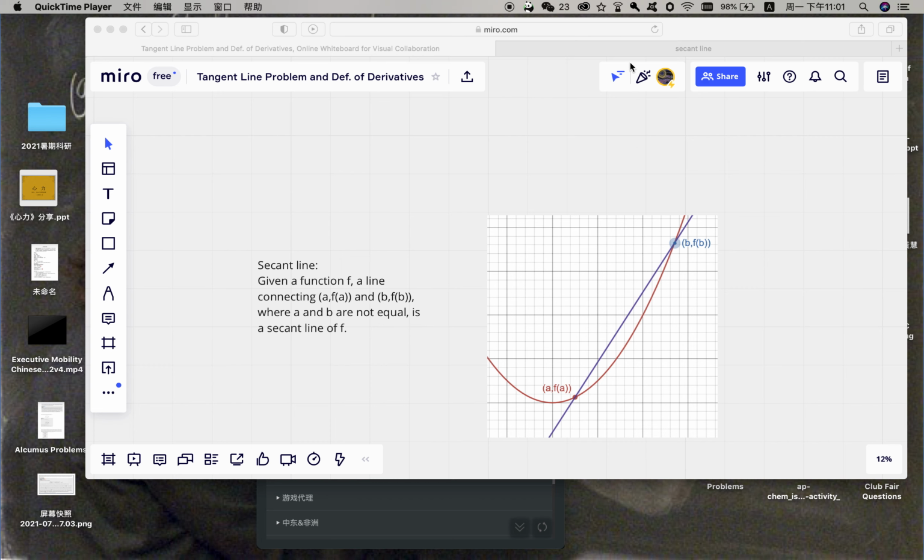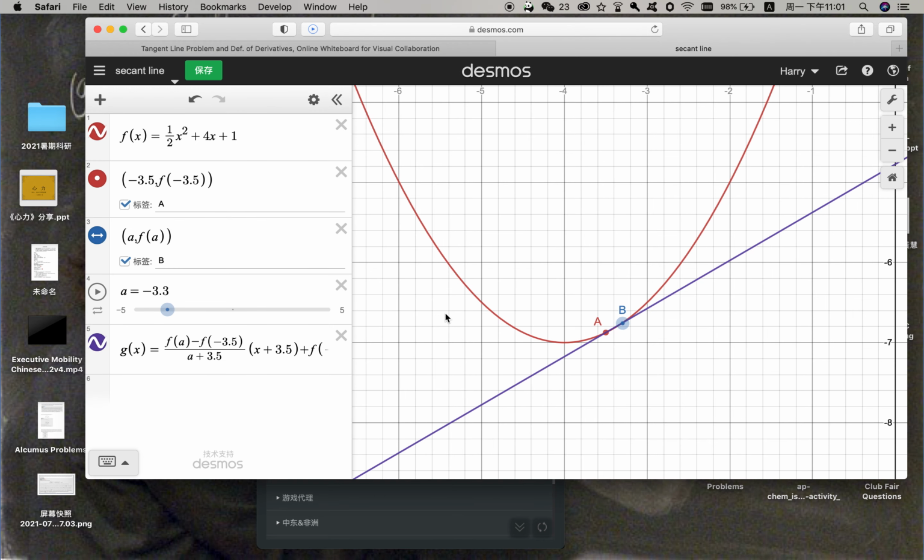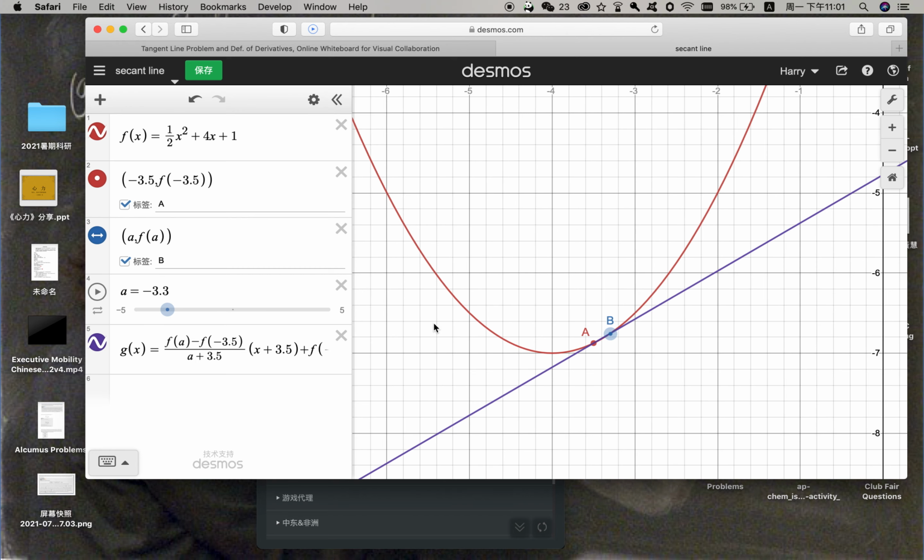So let me show you a program about secant lines. I created this program in Desmos, and I used the function f of x equals 1/2 x squared plus 4x plus 1. I fixed the point a at (-3.5, f(-3.5)).